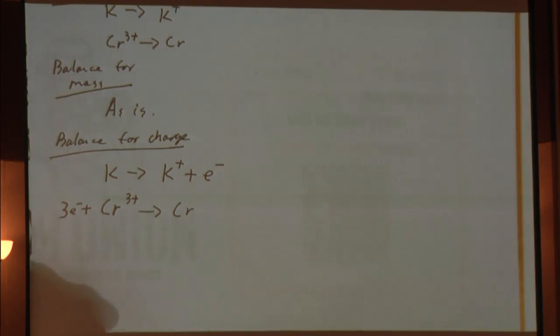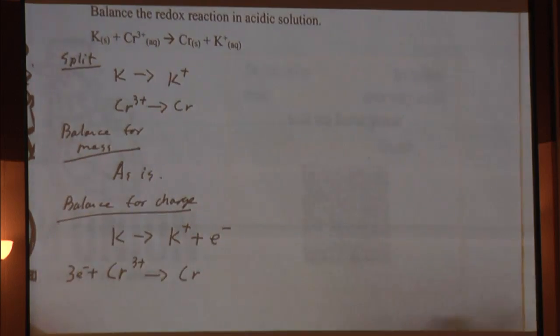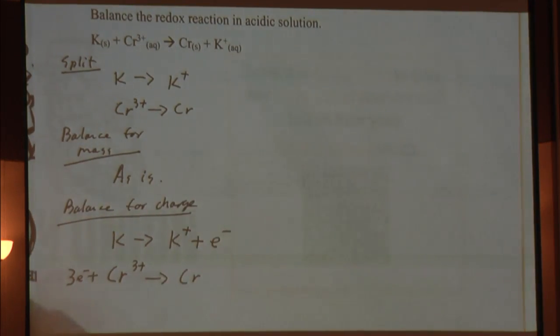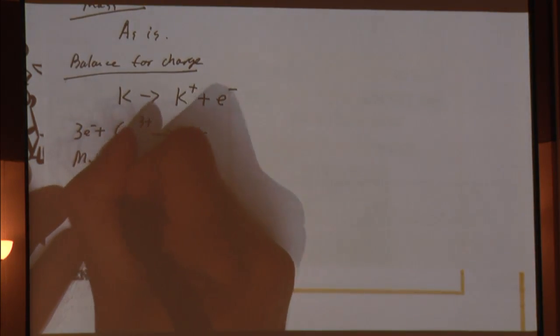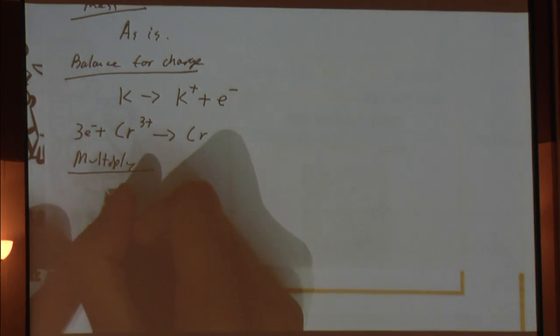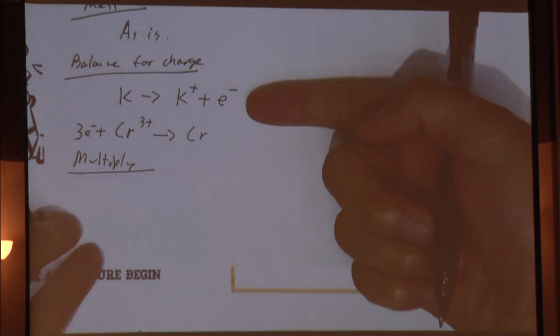And then now we need to multiply by a factor so that we have the same number of electrons for both of these half reactions. So here, we just multiply this top reaction by 3.